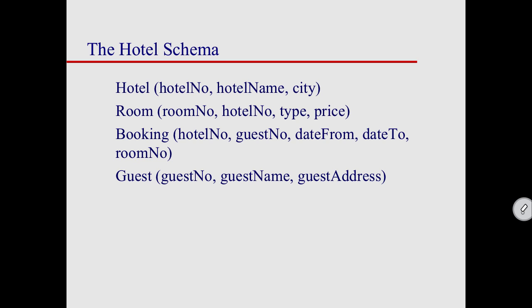They're less likely to remember the day they check out, and they certainly are unlikely to be familiar with the hotel number. So you would probably choose the primary key to be guest number and date from, simply because that's the query that's most likely to get asked.